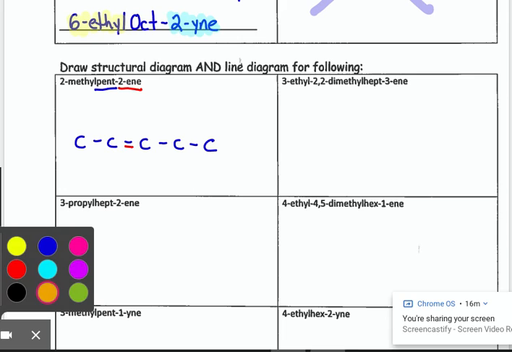And you also have a methyl on carbon 2, so CH3, and then you finish by filling everything up with hydrogens. So the secret to drawing these is to just draw the parent chain first, add in your double bonds or your triple bonds.